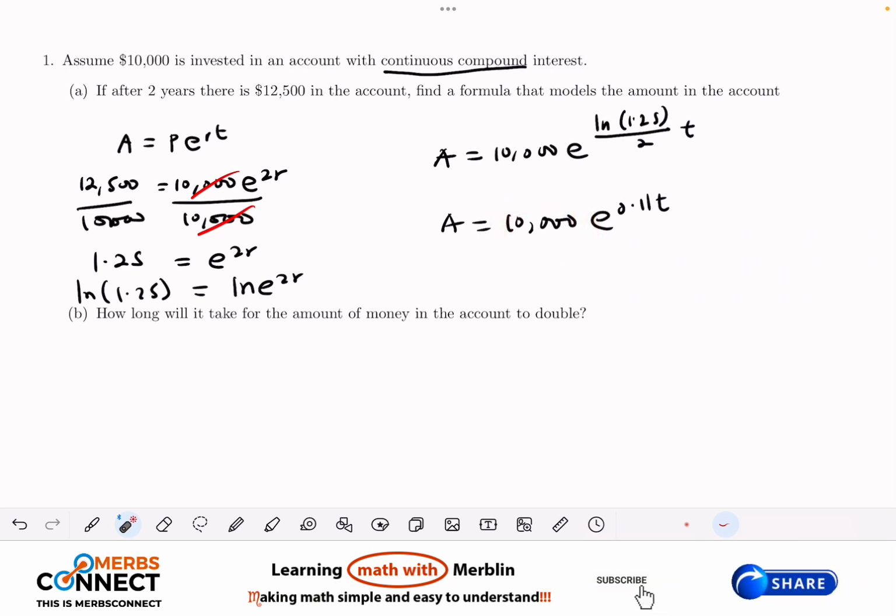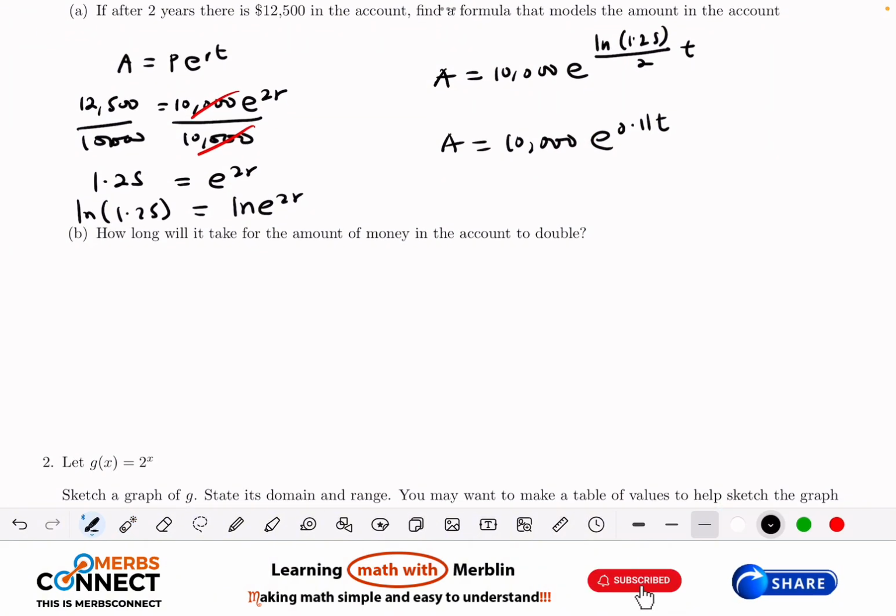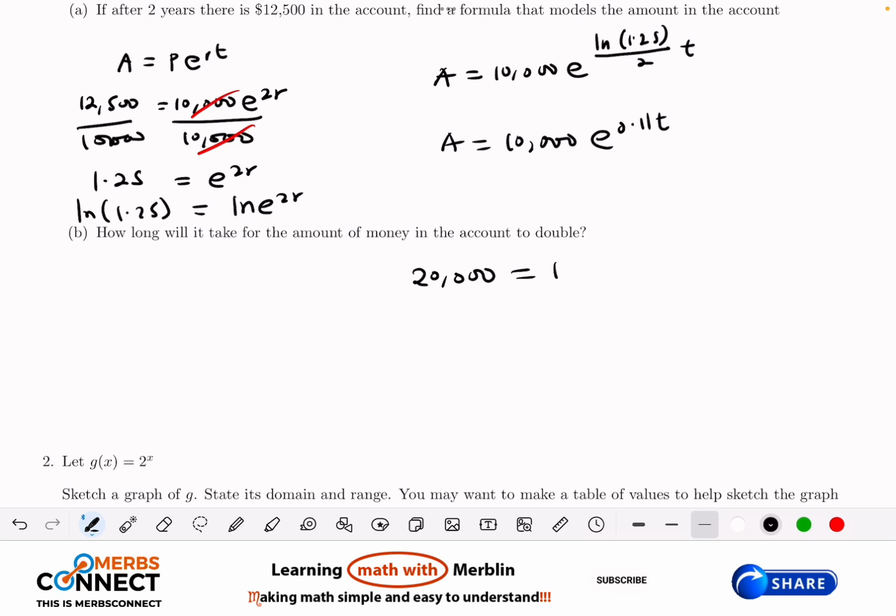That is at time 0 when you do the initial deposit. This was the money that you deposited. So we want to know the number of years that the money in the account is going to double. So we are going to have something like 20,000 is equal to 10,000 e to the power 0.11t.